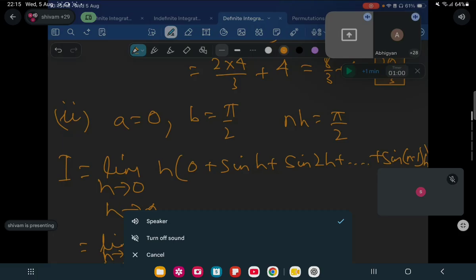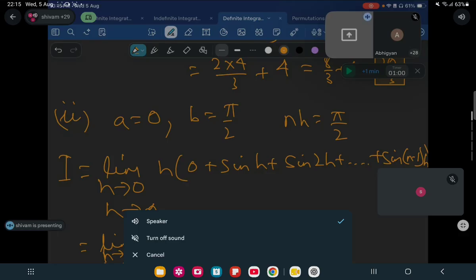So it will be sine nh by 2 divided by sine h by 2, into sine of first angle plus last angle, so n minus 1 whole h by 2.